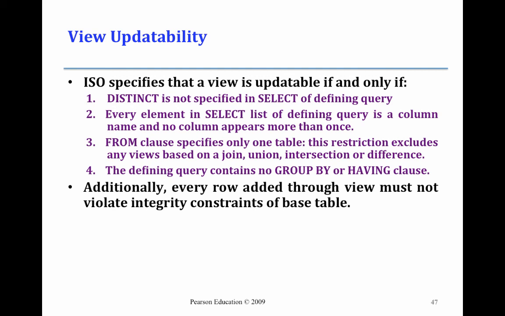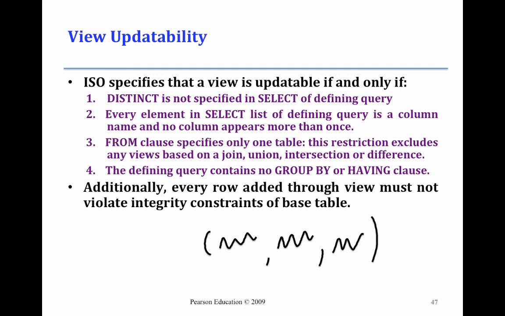You're not allowed to specify distinct because that would take duplicates and eliminate them. And thus, when you try to map a tuple back into the defining query, does anyone remember what is, well, I'll tell you. The problem with select distinct is that it eliminates duplicate tuples. Let's say that you insert a tuple, actually, I take that back.